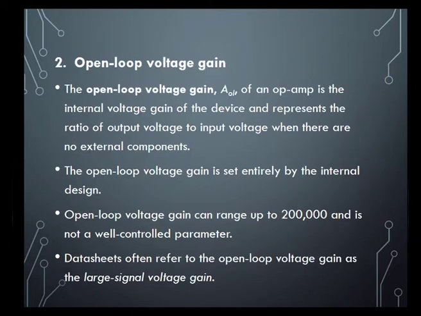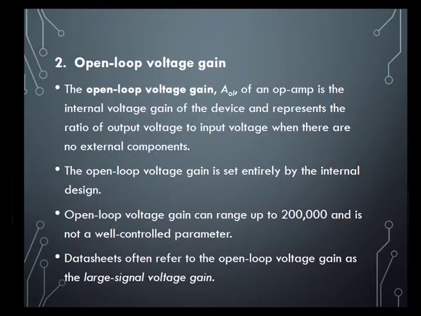The next important op-amp parameter is open loop voltage gain. When nothing is connected, meaning there is no feedback and only the input has a supply, and we take the output at the output terminal, how does the op-amp behave? What will the gain be?